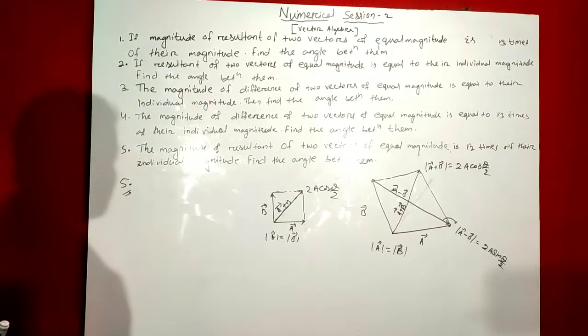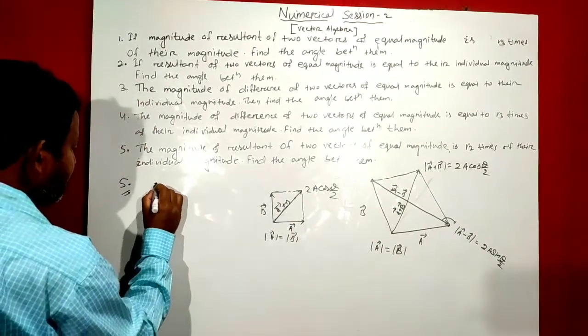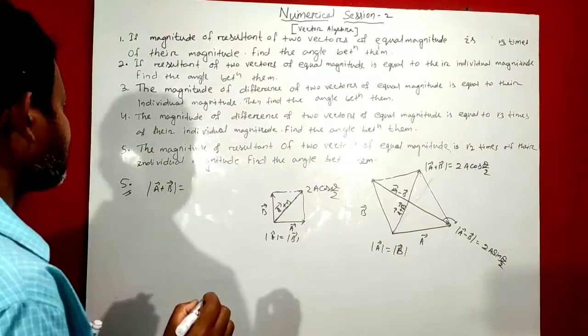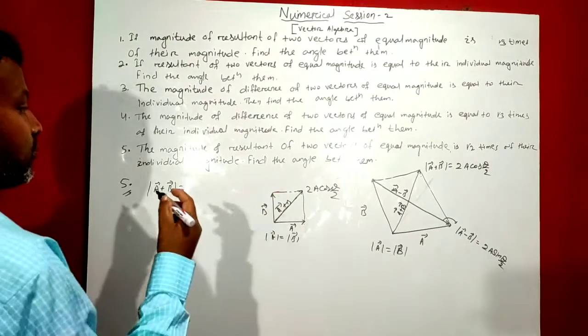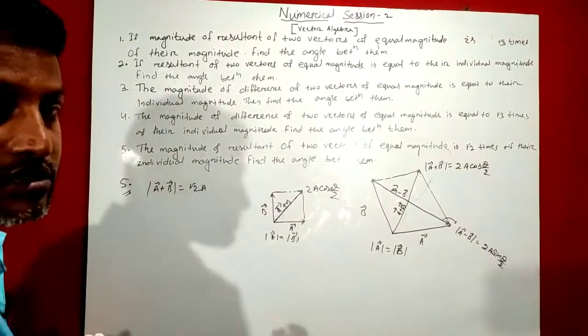So according to the question, the magnitude of the sum A plus B is equal to root 2 times A or B. These are two equal vectors.